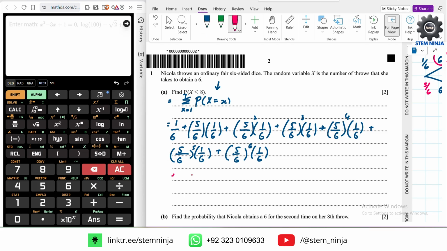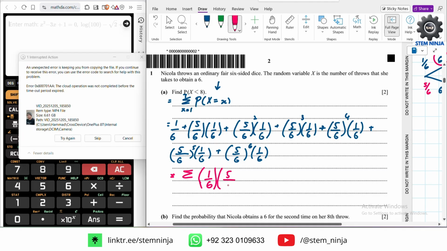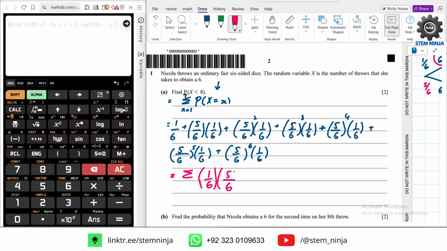An easier way to write this entire thing is using the sigma notation. This is your 1/6; one time 1/6 will always come. But 5/6, on the other hand, is raised to 7 minus x. So x is starting from 1 and it goes up until 7.